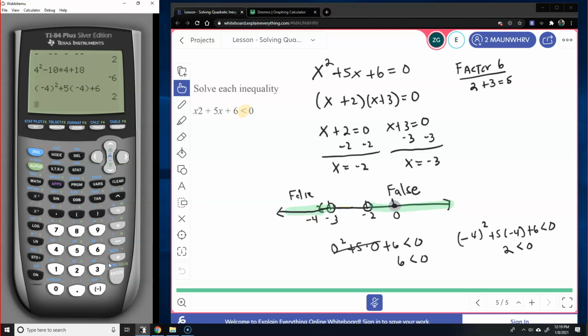So the answer has to be between -3 and -2. If you want to check that, we can try -2.5 because that's between.